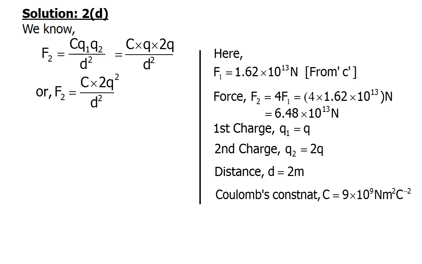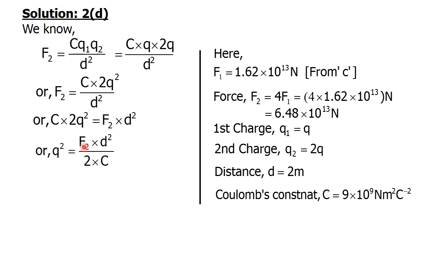If we multiply F2 with d square, then we can write C into 2Q square equal to F2 into d square. If we want to calculate the value of Q, then we can write Q square equal to F2 into d square divided by 2 into C.